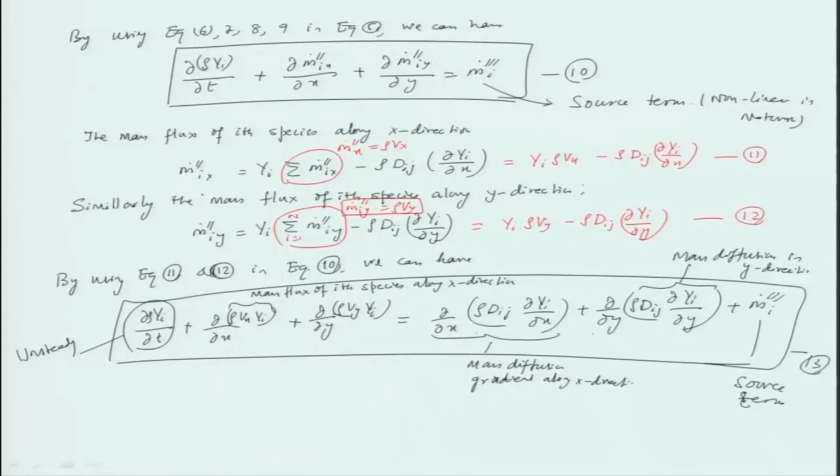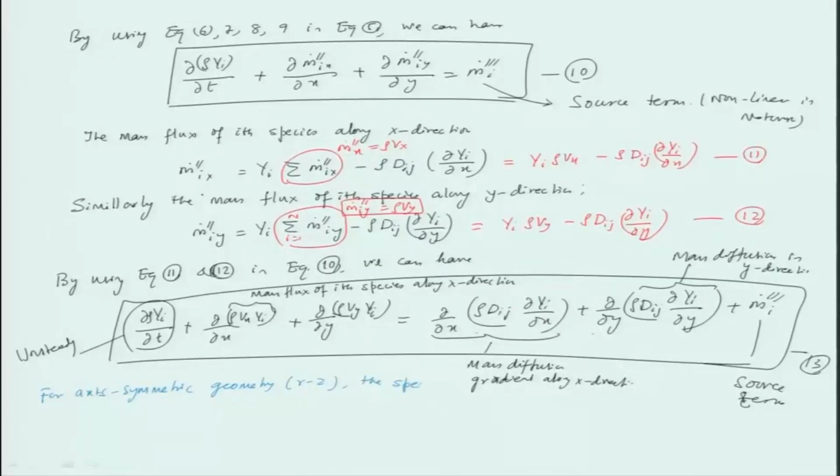So, for the axisymmetric geometry, we will be using basically what we call the r, z, theta coordinate system, but however we will be considering r and z.